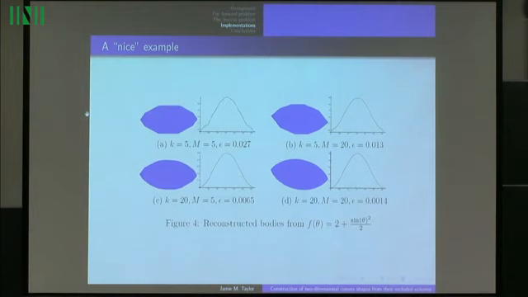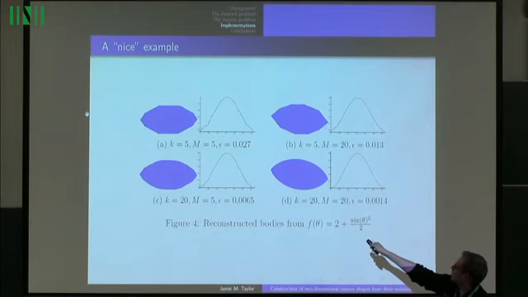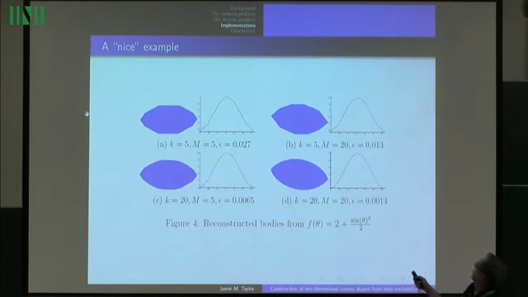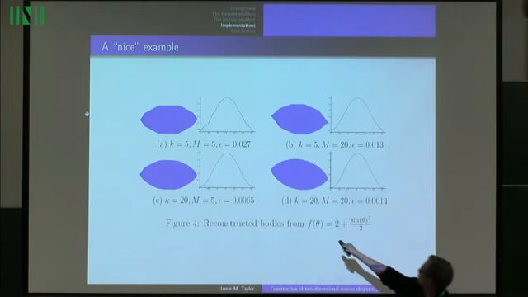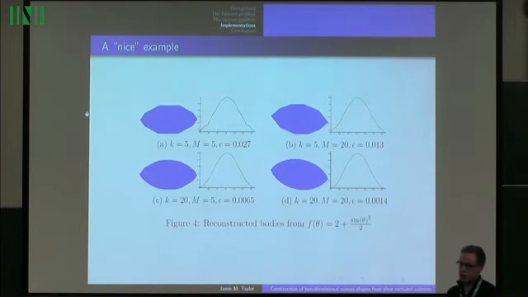So for various values of k and m, so remember k is the number of vectors we use, m is the number of Fourier coefficients we want to match. What we have here is the excluded volume functions shown on the interval 0 to pi. And I don't know if you can see, especially if you're at the back, but the trial function is the dotted brown line, and the reconstructed function is the blue one, which is a bit more angular. And the epsilons here are the relative L2 errors of the excluded volume to the trial function.